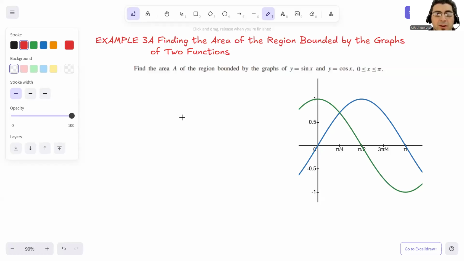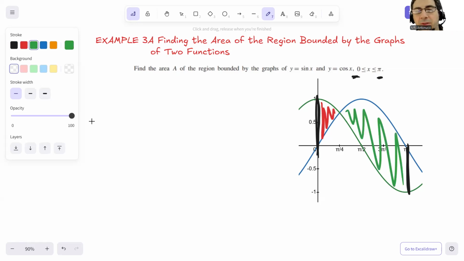So let's go ahead and look at another example. Here we want to find the area of the region bounded by the graphs of sine and cosine from 0 to pi. This one's a little bit tricky because we're going from 0 to pi, and you have to get the region that is trapped between the graphs. So look here, and then the other region would be right here.